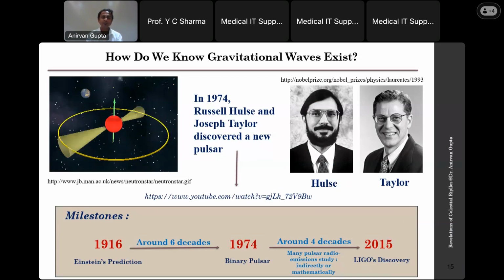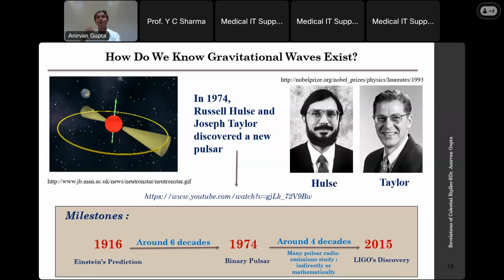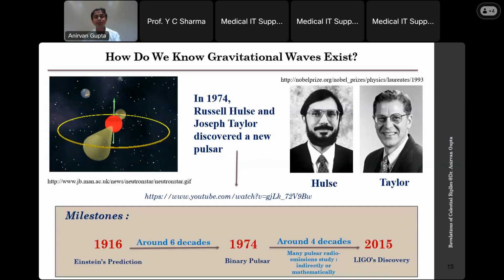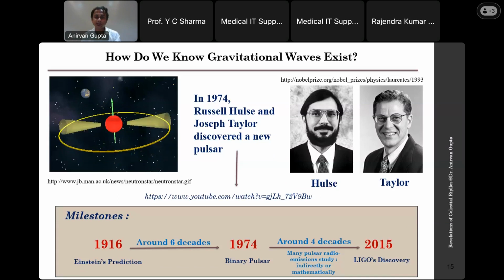So the milestones were like this: in 1916, Einstein predicted the existence of gravitational waves. Around 6 decades later, in 1974, Hulse and Taylor discovered this binary pulsar. And 4 decades later, pulsar radio emission studies were done indirectly or mathematically.